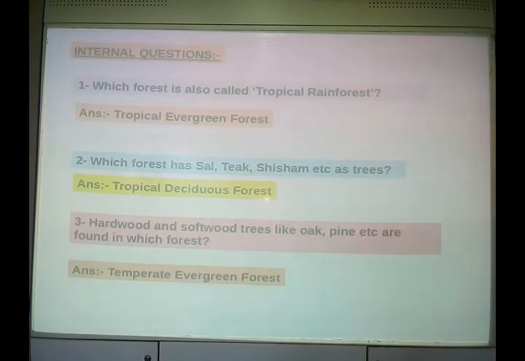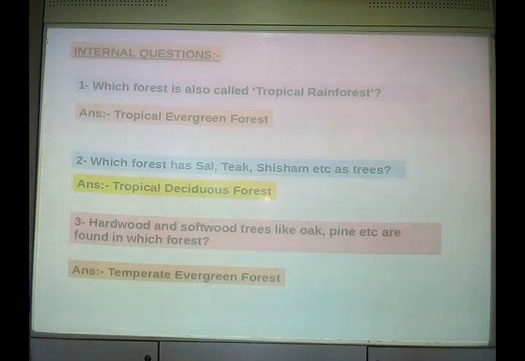Okay, it is temperate evergreen forest in which hardwood and softwood trees like oak, pine and other trees are being found. Okay, clear? So this is the characteristic of temperate evergreen forest, that such trees like oak, pine, etc. are found. Okay, yes. So this is about the 3 questions which I have discussed till now.